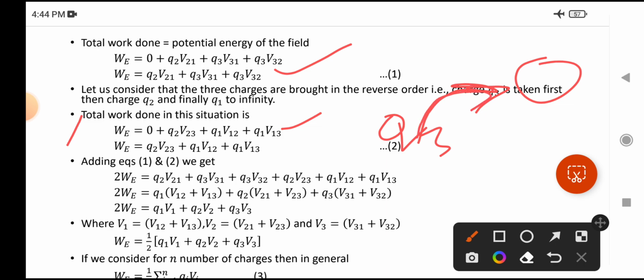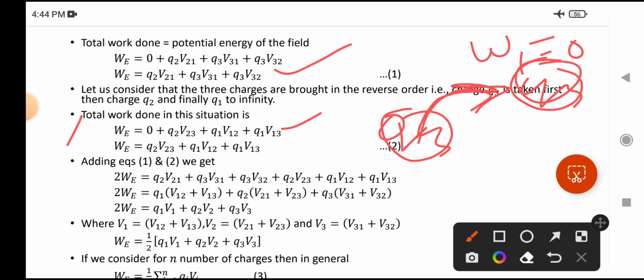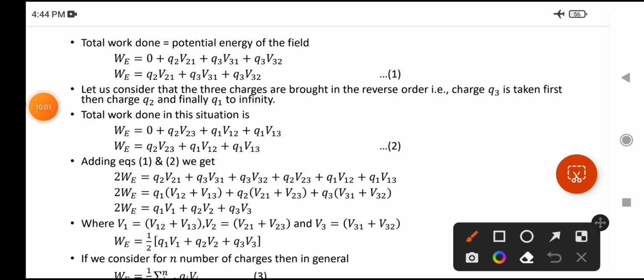When you bring the Q3 charge to infinity, the work is 0. Let it be W1 equals 0. So let Q3 be kept at infinity. Next, bring the Q2 charge from position 2 to infinity.